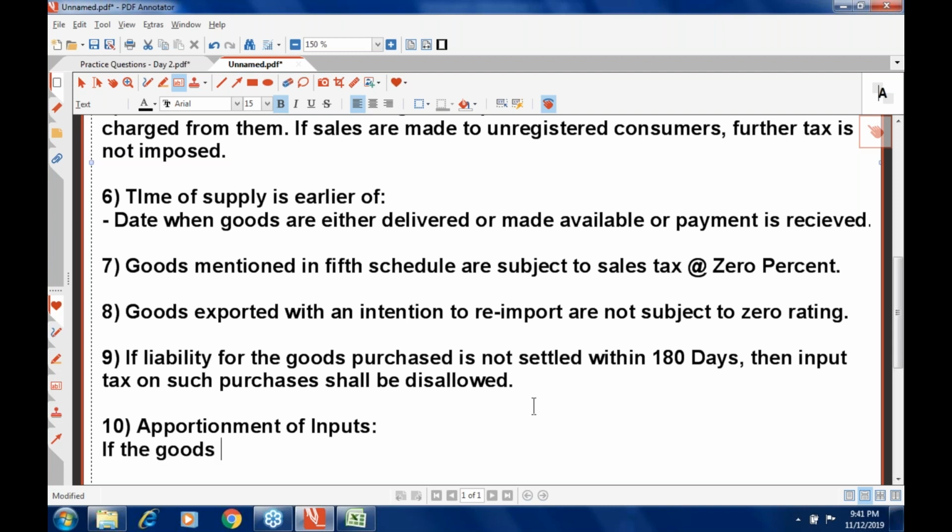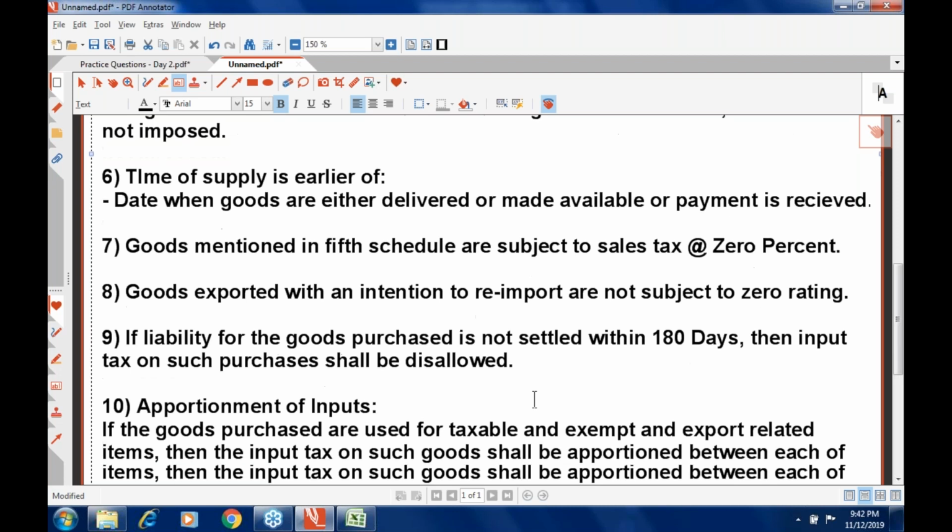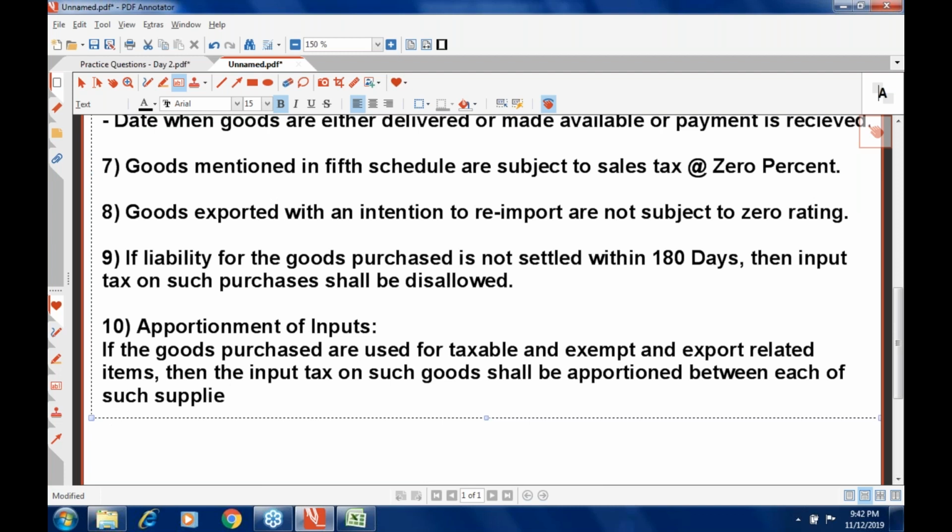If the goods purchased are used for taxable, exempt and export related items, then the input tax on such goods shall be apportioned between each of such supplies on a proportionate basis based on sales value of goods sold.